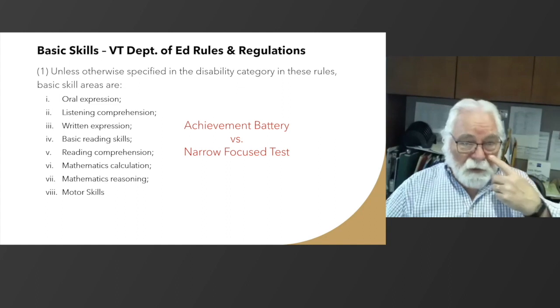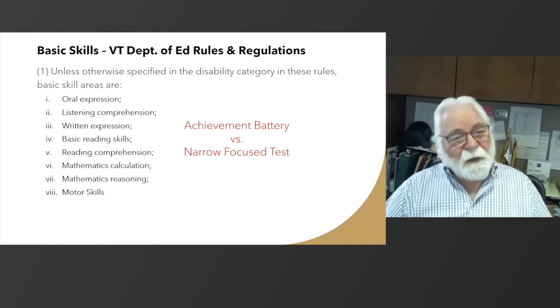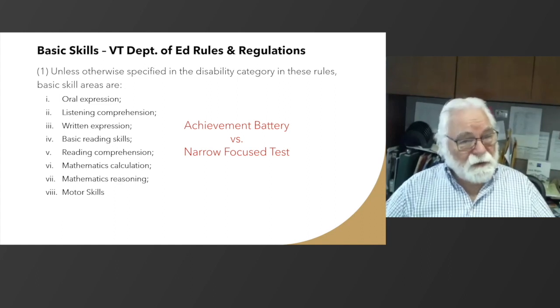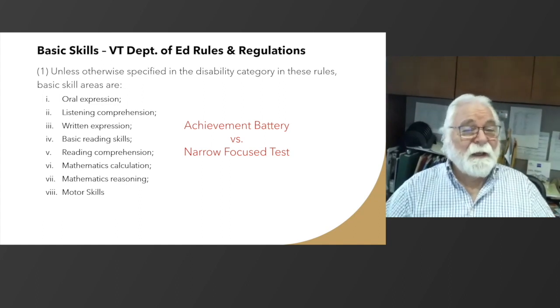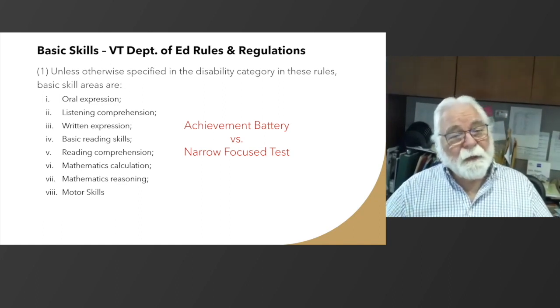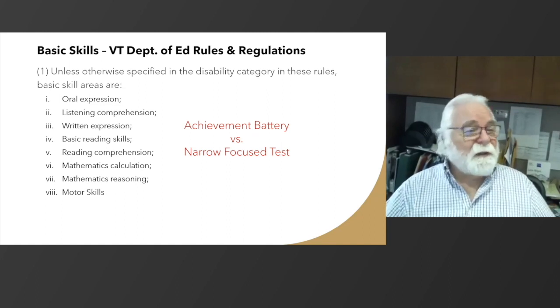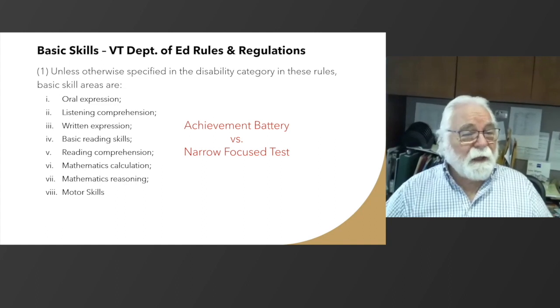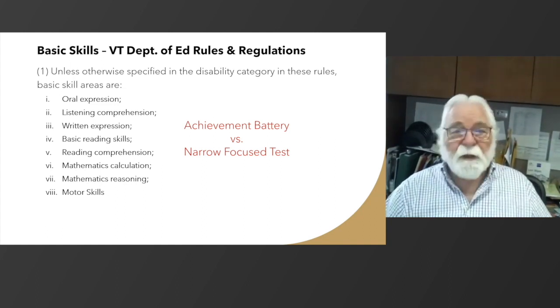So sometimes, if we have a significant challenge in one of the basic skill areas on one of these achievement batteries, we may decide to administer another test that has more items so that we can pinpoint where the issues lie. These are the basic skill areas we need to be looking at, to be sure that kids are making growth.